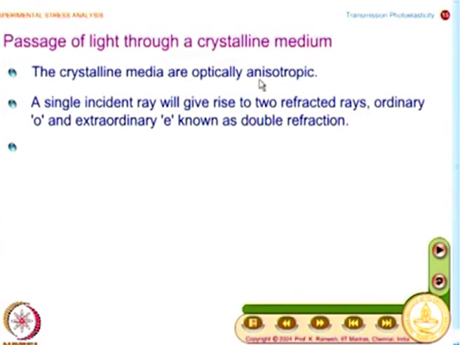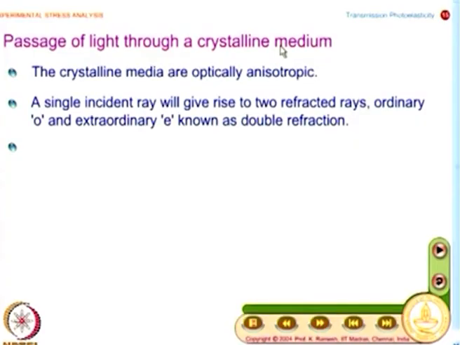So, how do you define isotropy? If the property is same along all directions, then you call that as isotropic. If the property is a function of direction, then it is anisotropy. So, the first observation is, crystalline media are optically anisotropic.